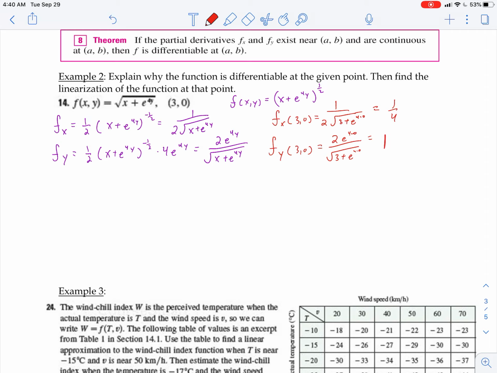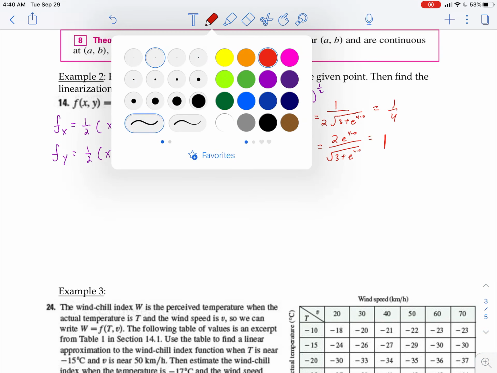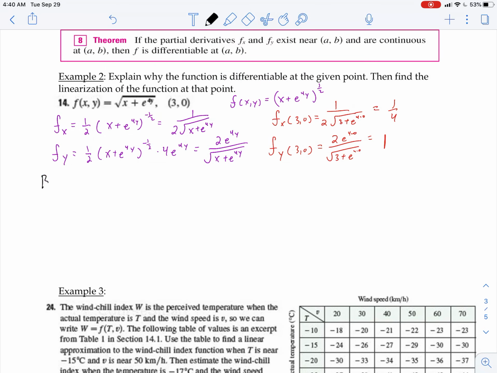The 2 is going to cancel out. e^(4 times 0) is just 1, and so I'm going to get 1. All right, so they're both defined. Both our partial derivatives are defined at the point (3, 0). So by Theorem 8, we're going to be able to tell that this function is differentiable.